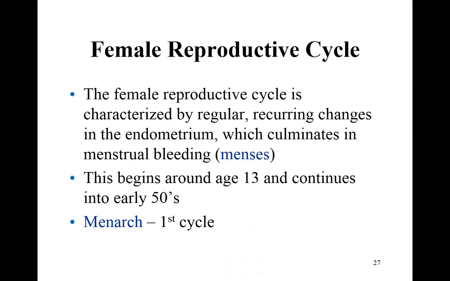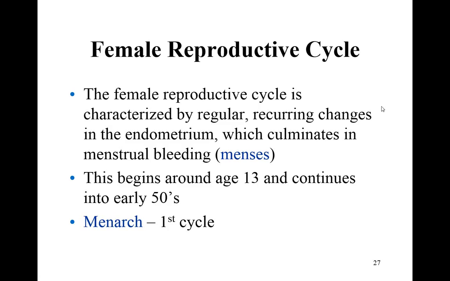Okay, so let's talk about how the hormones regulate the reproductive cycle of the female. The reason we're spending much more time on the reproductive cycle of females is, one, it's cyclical. It's a monthly cycle, which is different from males.